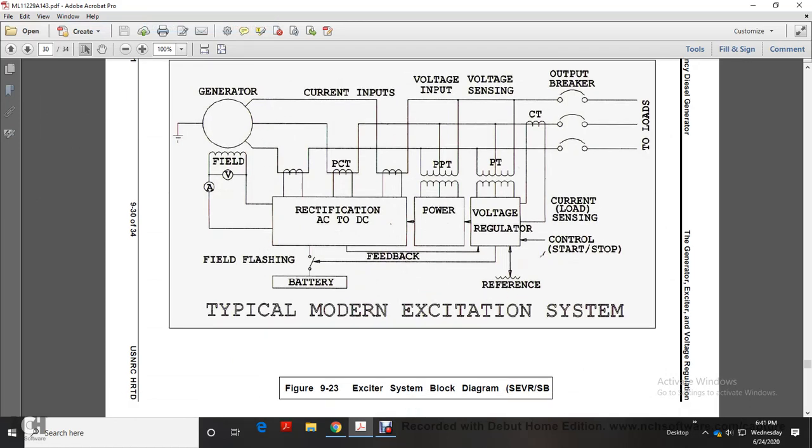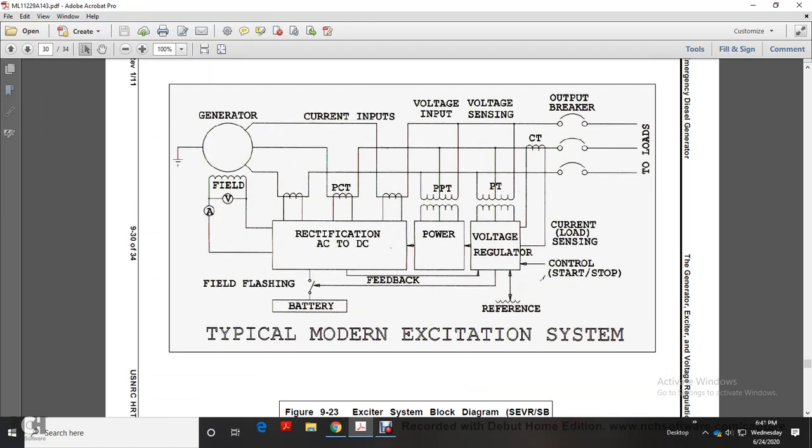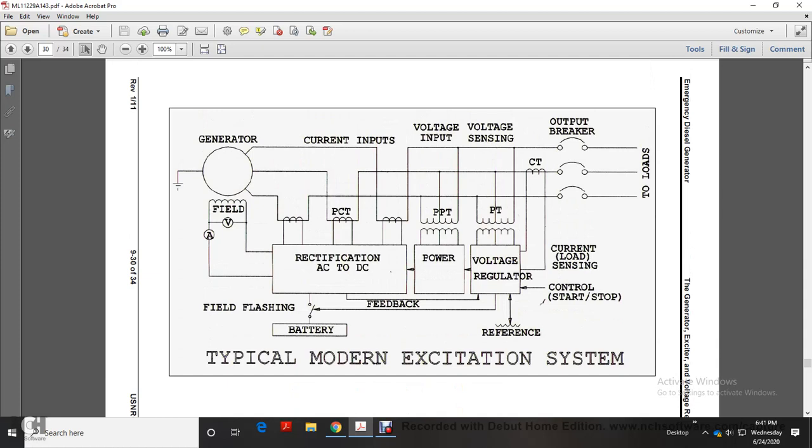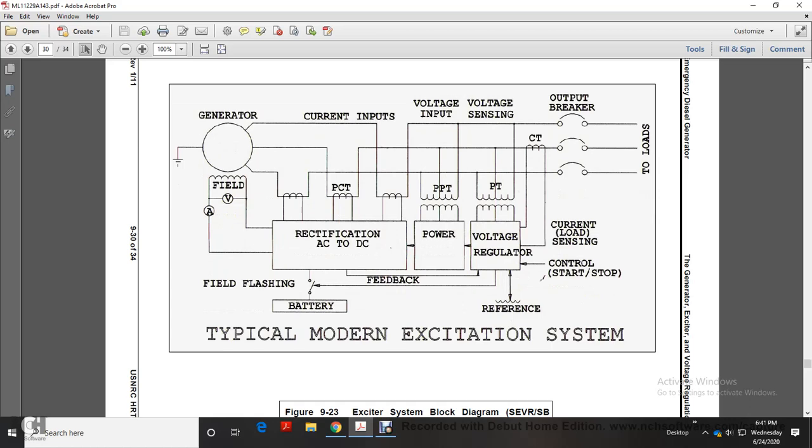This shows your exciter block system, starting with the ground and generator going to the current inputs, and then it goes to the rectification transformer. You have your generator field, power current transformer, power potential transformer, power transformer, rectification AC to DC, power voltage regulator, output breakers, voltage sensing and voltage input, feedback, field flashing, battery, generator, rectification AC to DC, reference, current load control, stop.